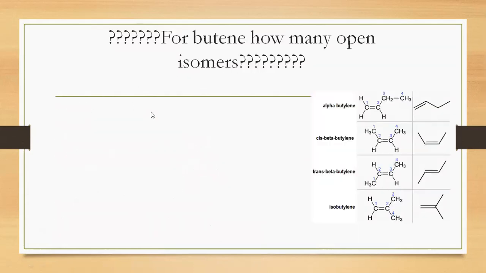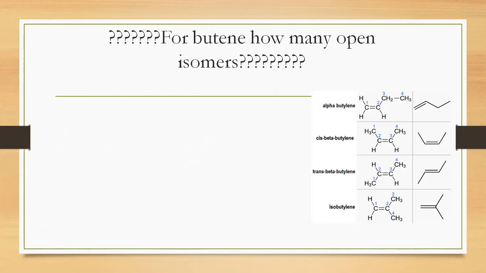Now, butene. You know butene, there are 4 open chain isomers: alpha butylene, cis beta butylene, trans beta butylene, and isobutylene.